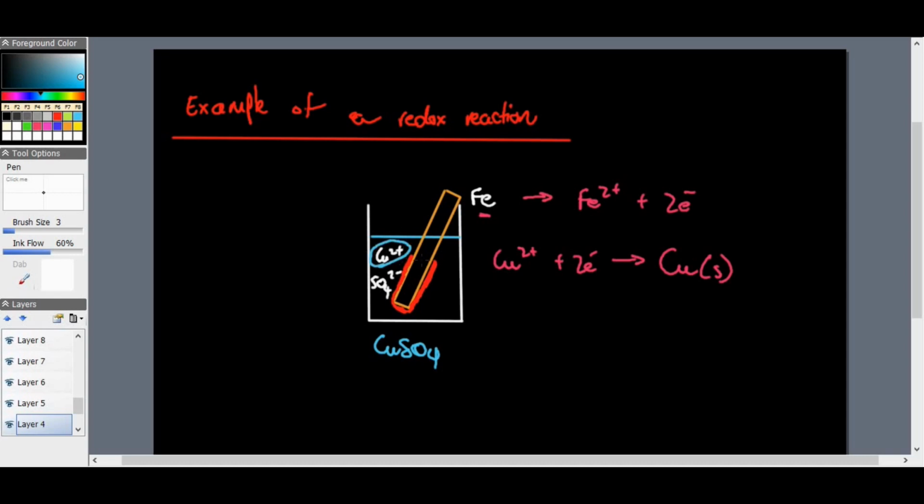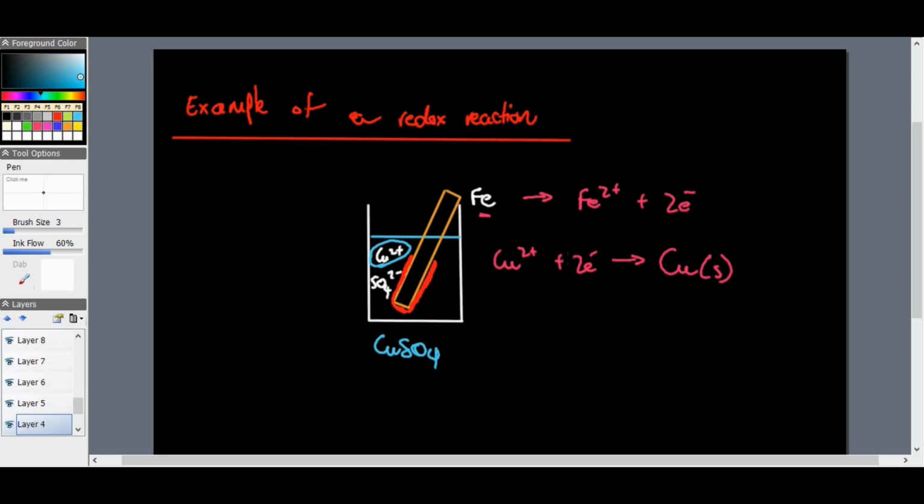When there is a decrease in the concentration of the solution, the solution starts to get lighter, clearer, as a result of copper leaving the solution and collecting around the iron rod.